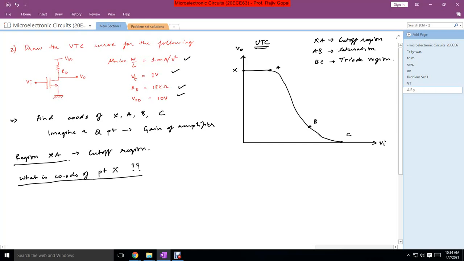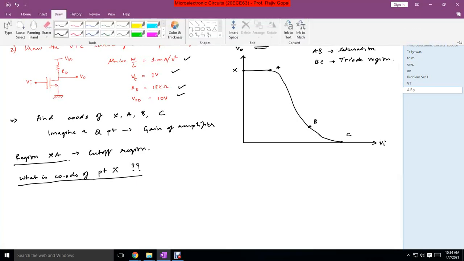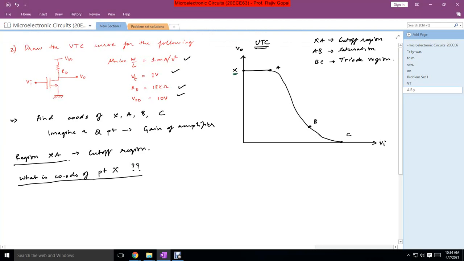Can you guess and tell me this coordinate? Anyone? What would be the point coordinates of point X?